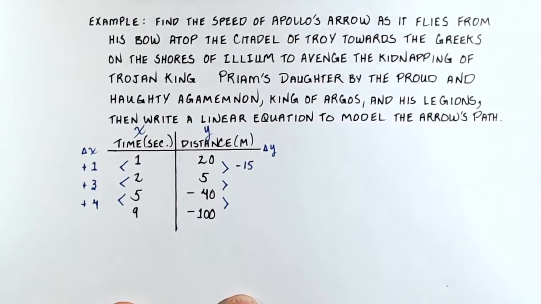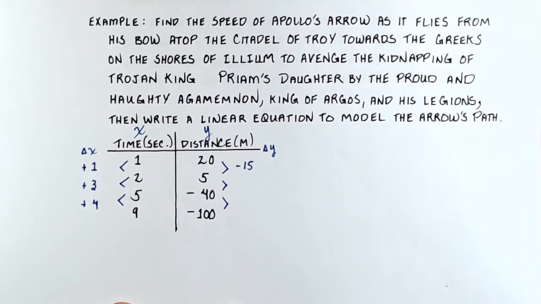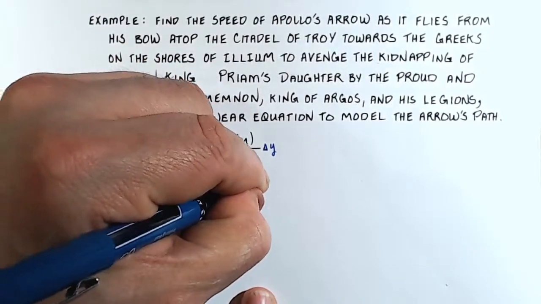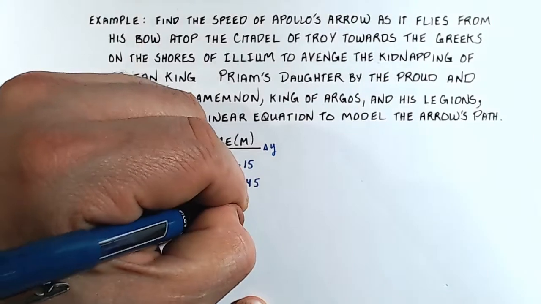Because the Greeks are on the shore of the water, and Apollo would be up on top of the tower in the middle of Troy, way up on a hill, way up on a mountain. So he's shooting down at the Greeks with the arrow. Okay, so from 5 to -40, what is that? Minus 45. And from -40 to -100, well, that's minus 60.